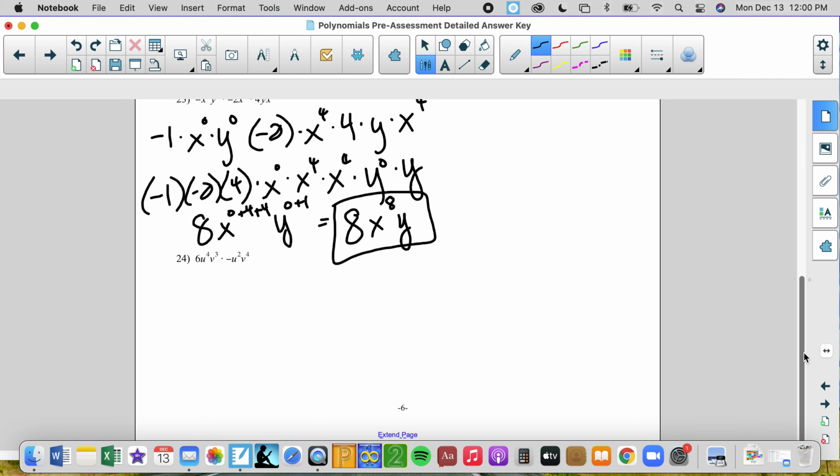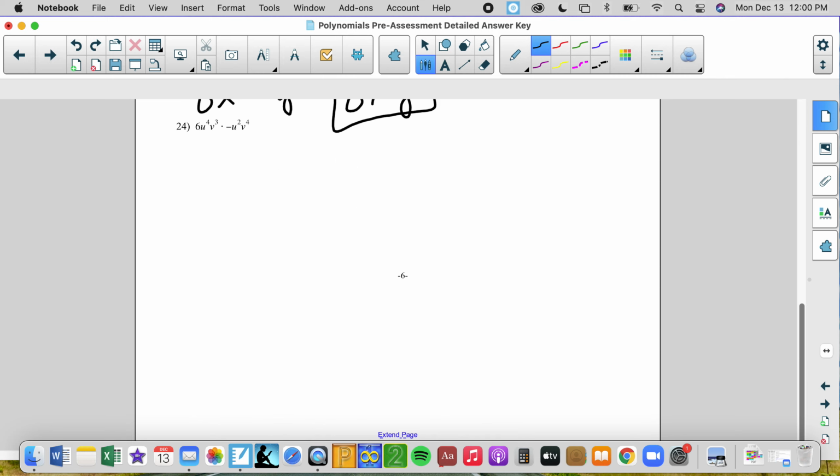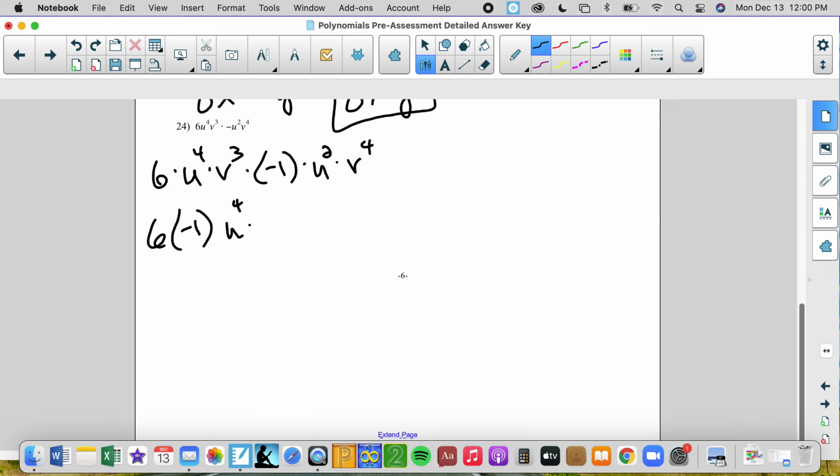Another good one. These are really good ones. These definitely, if you're getting these right, you're pretty good for the assessment. Negative 1 times u squared times v to the fourth. So we have 6 times negative 1, u to the fourth times u squared times v to the third times v to the fourth.